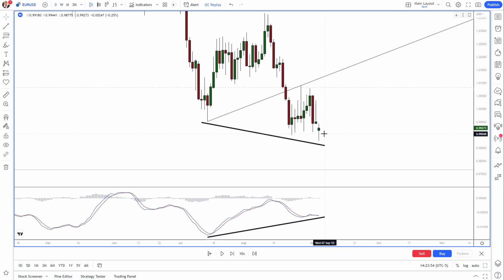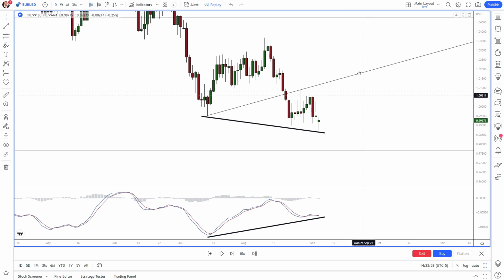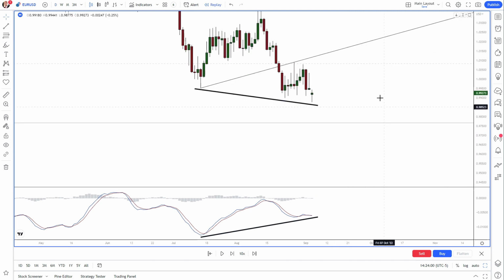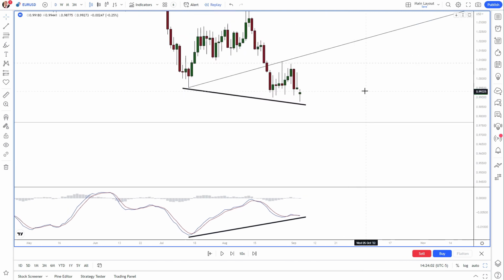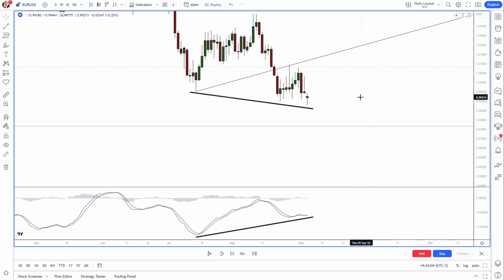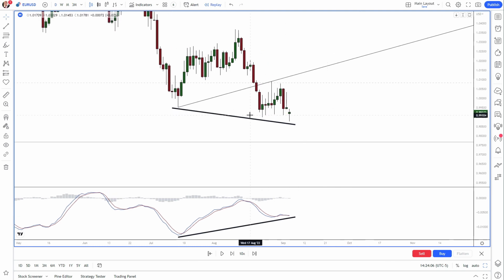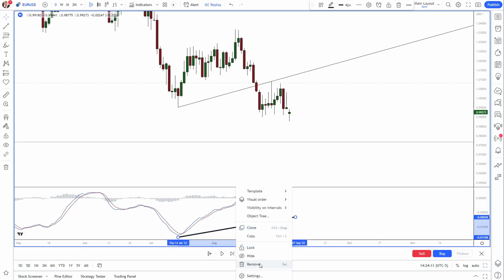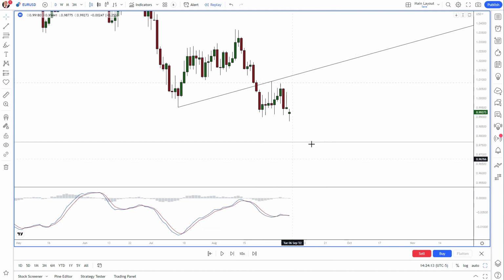So I'd rather wait to see if this market is going to make a move up so that I can short it back down to the next zone, which would be down here, or revisit this low potentially down here. Okay, so this is how it played out, and I'll play that for you right now.